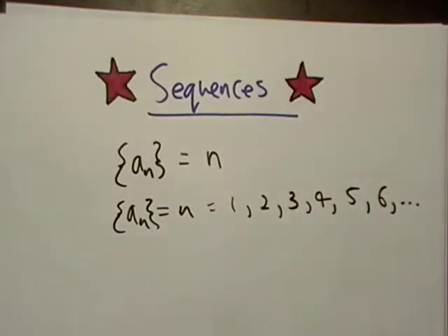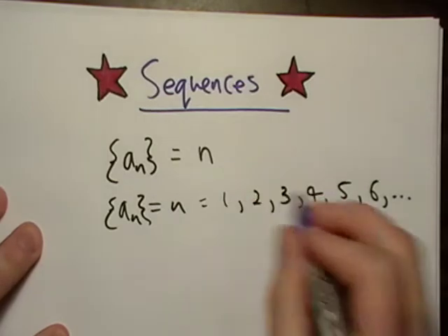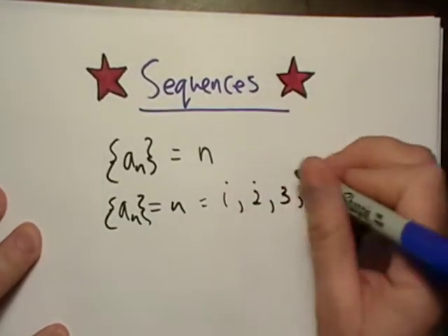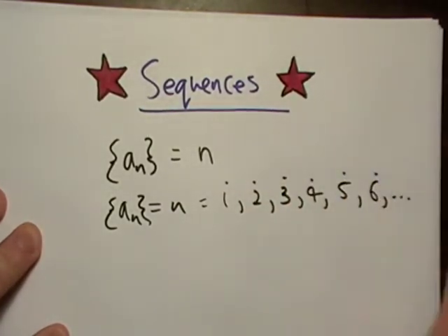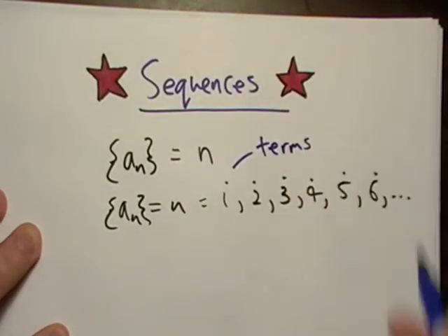Now, more importantly, the numbers in the sequence that are separated by the commas are called terms. Those are the terms of the sequence.